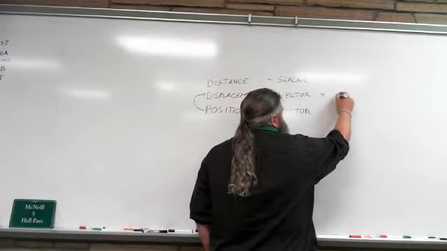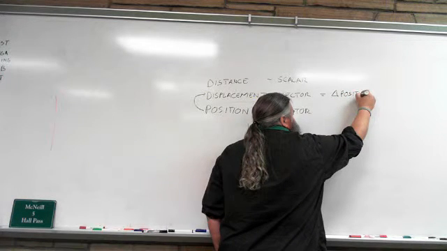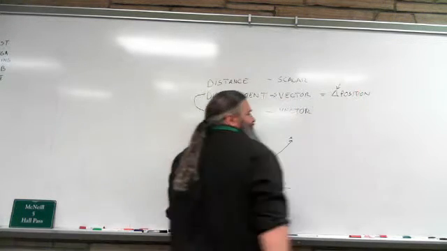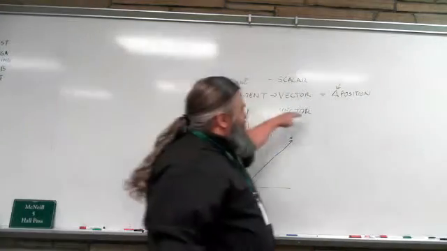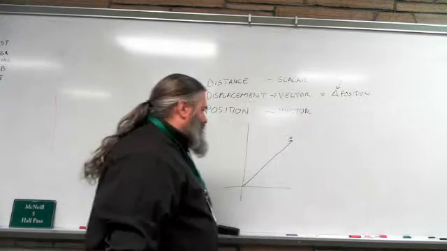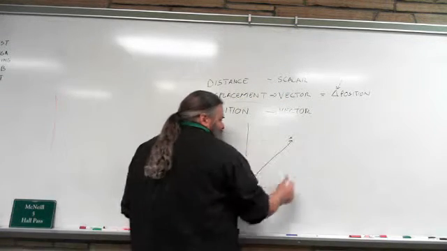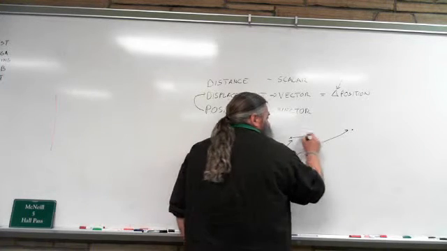Displacement is also the change in an object's position. So when you see this symbol, it's referring to the change of. So when we talk about displacement, we're talking about the change of an object's position. Cool? So if an object started here and moved to here, its change is here.